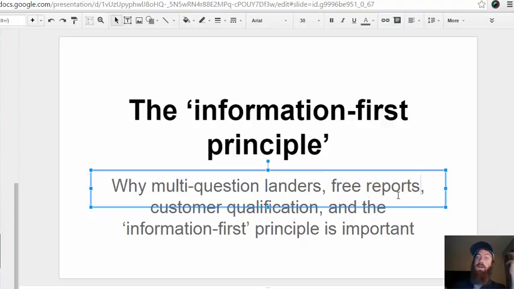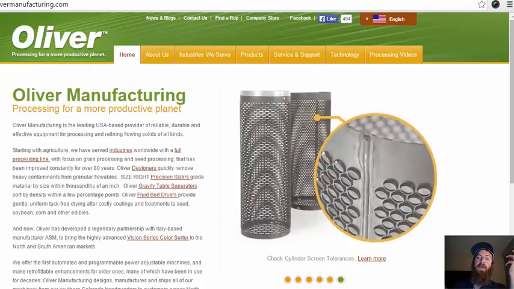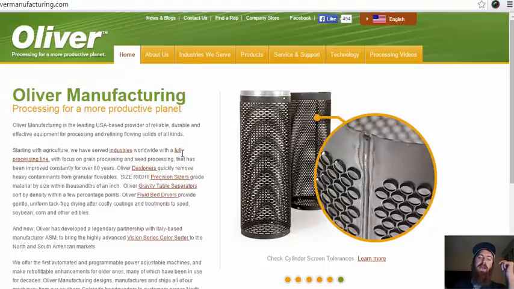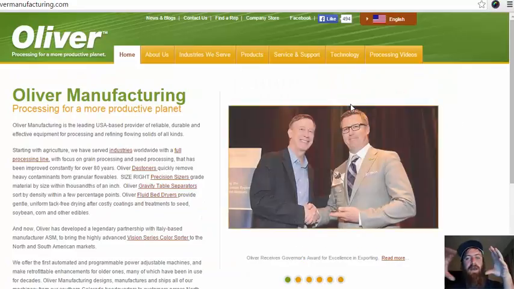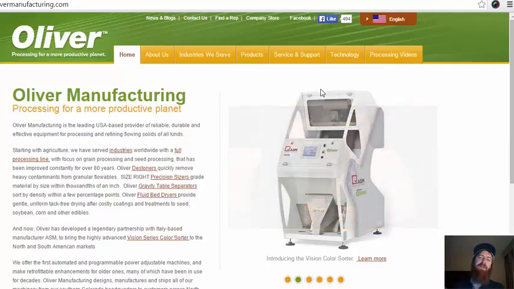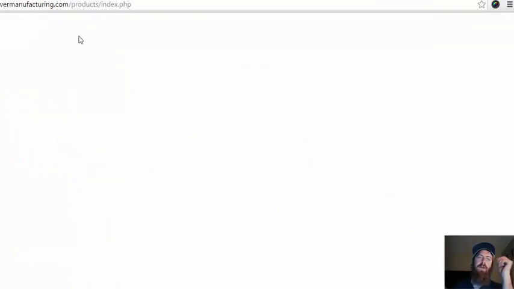And maybe, for instance, in Oliver Manufacturing, if they gave away some actual PDF templates of their actual products, where they gave away the exact specifications of their products, that might be useful.